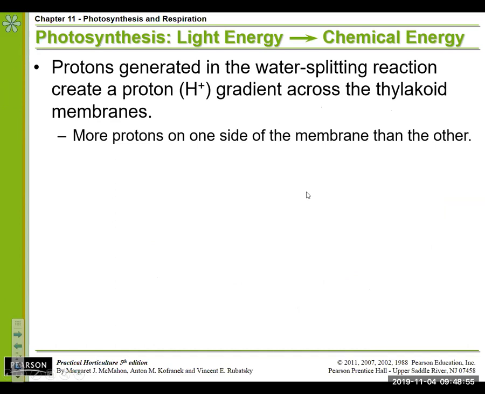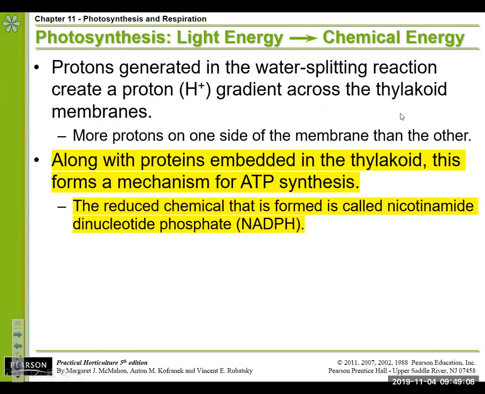We can also generate some protons when water is split to get that hydrogen ion, which is basically just one single proton, and have those being moved also through that thylakoid membrane across that gradient. Along with the proteins embedded there in the thylakoid, we also have the mechanism for ATP synthesis.